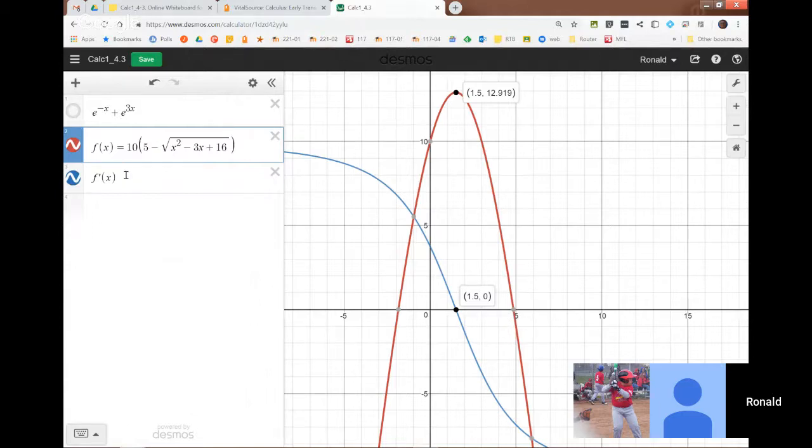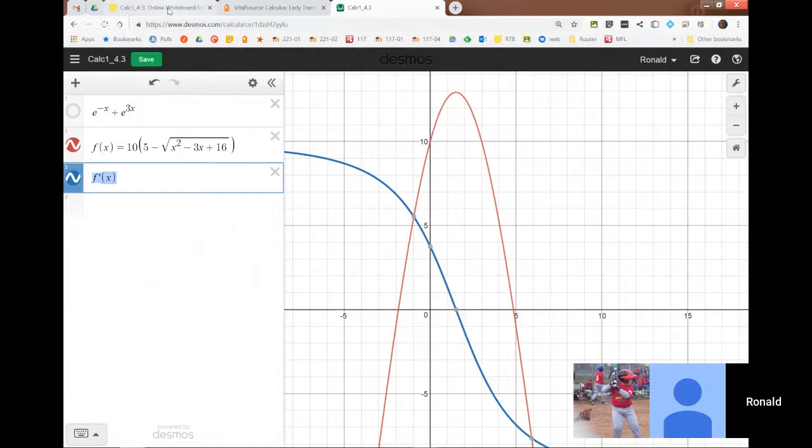So here's how you do that in Desmos. Besides typing in the function, you can also type in f of x equals that. And then all you have to do to get the derivative is type f prime of x, and you'll get the derivative right then. It's really beautiful.